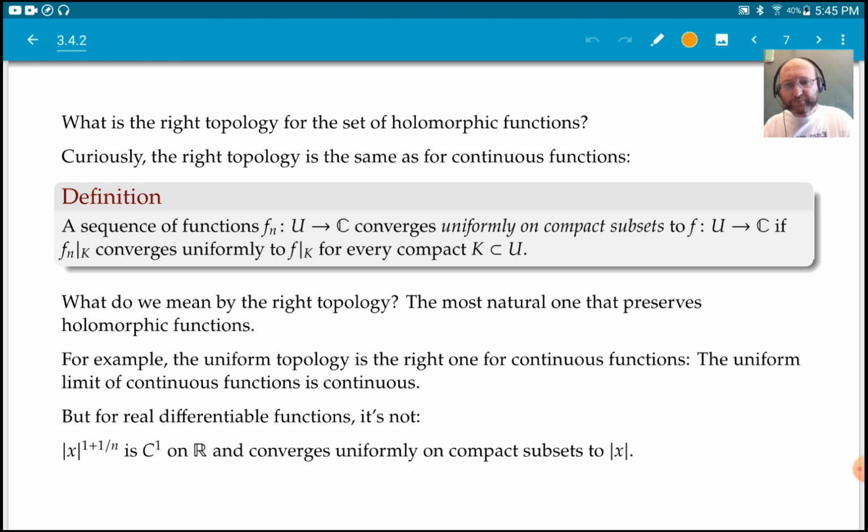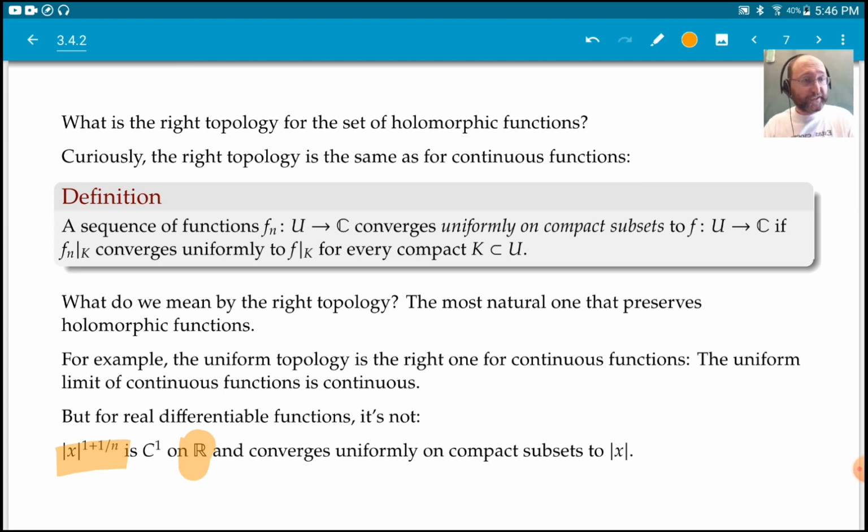So for example, if I take this sequence, and we can really just look at, let's say, the interval from -1 to 1, then this sequence converges uniformly. We're now just working on R rather than C, though you could make this work on C if you wanted to.